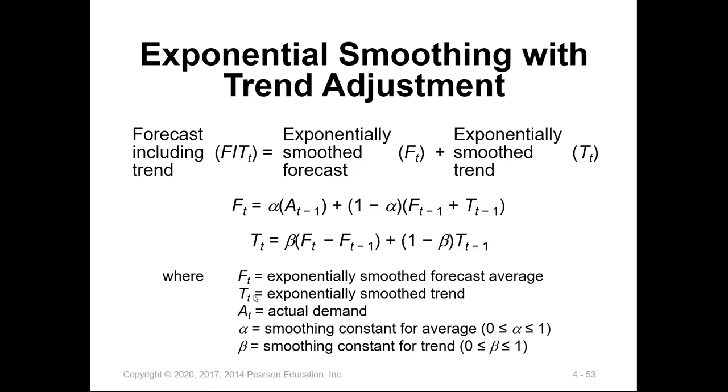And the trend can be calculated by another factor, which is beta, multiplied by F of t minus F of t minus 1, plus 1 minus beta multiplied by T of t minus 1, where F of t is the exponentially smoothed forecast average, T of t is the exponentially smoothed trend, A of t is the actual demand, alpha is the smoothing constant for the average, which is between 0 and 1, and beta is the smoothing constant for the trend, which is also between 0 and 1.